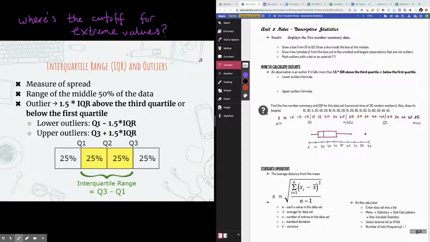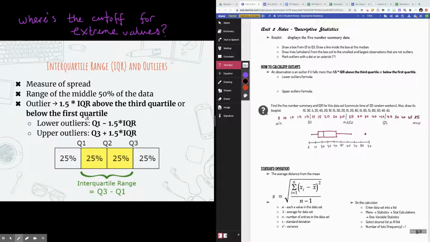Okay, so what statisticians have worked on and discovered, or agreed upon, really, in the statistics community, is that you can figure out the cutoff for your extreme values by taking your IQR, which again is the middle 50% of your data. That's where most of your data is.